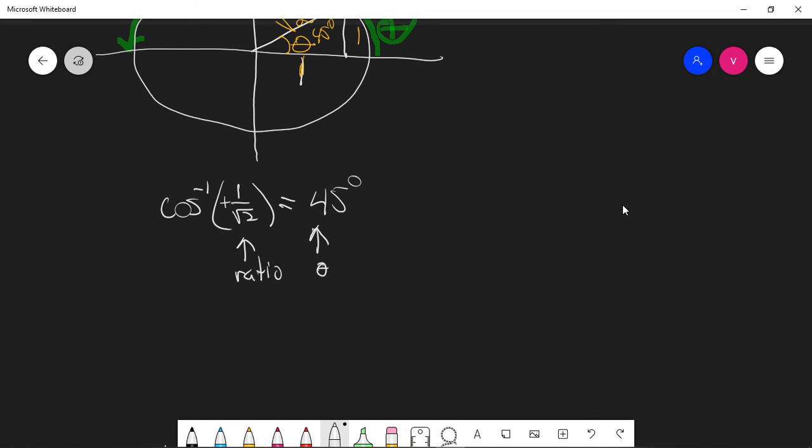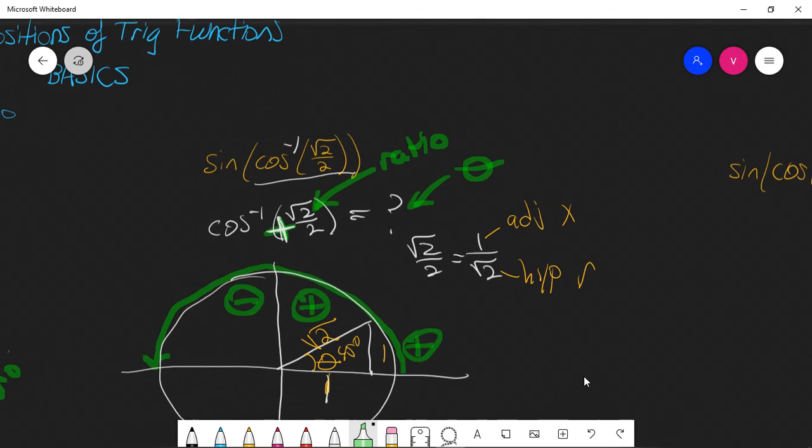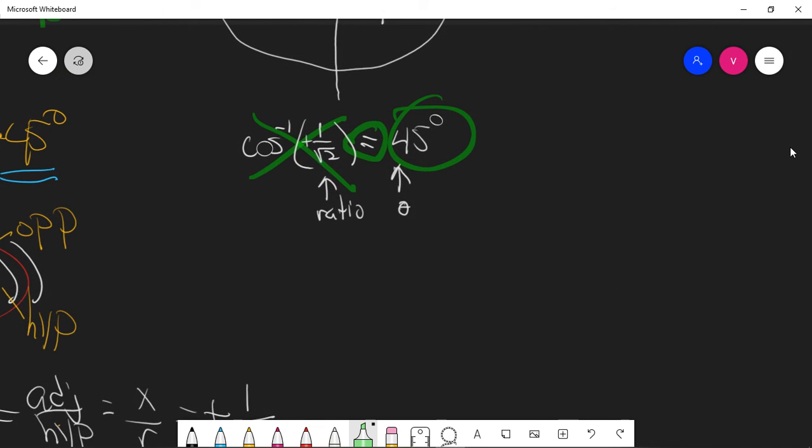Since they are equal, I'm going to switch this out with this. Now the problem becomes the sine of positive 45 degrees.